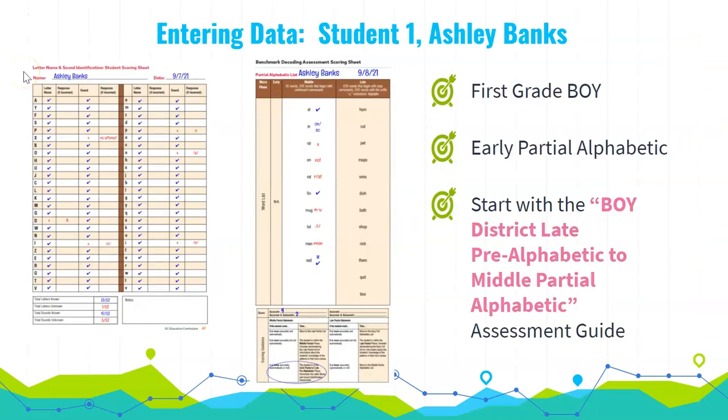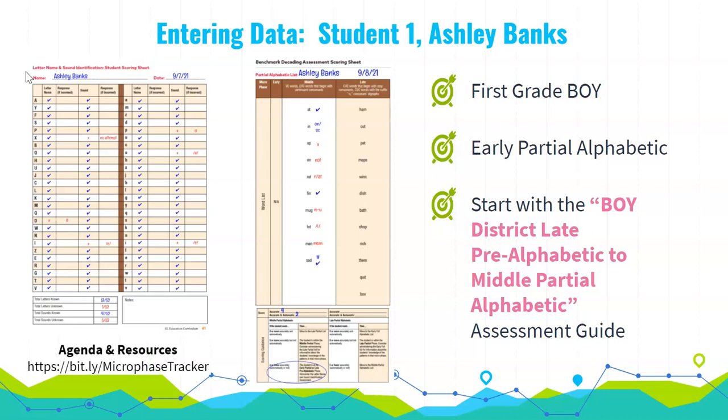Now we are going to practice with our first data scenario. This is student 1, Ashley Banks. On the screen, you can see Ashley's letter name and sound ID scoring sheet and her partial alphabetic decoding scoring sheet.